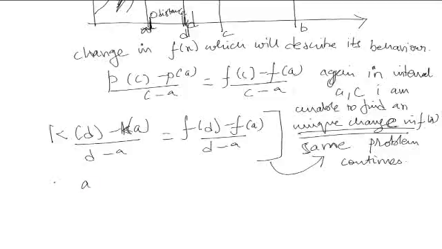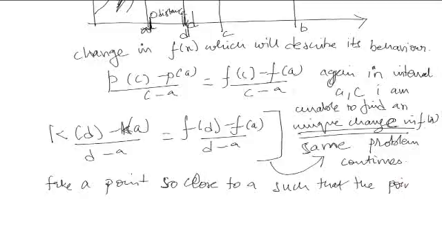Take a point so close to A, such that the point converges to A. Now, when I take a point so close to A, we cannot plot any other function like this and the game stops there.